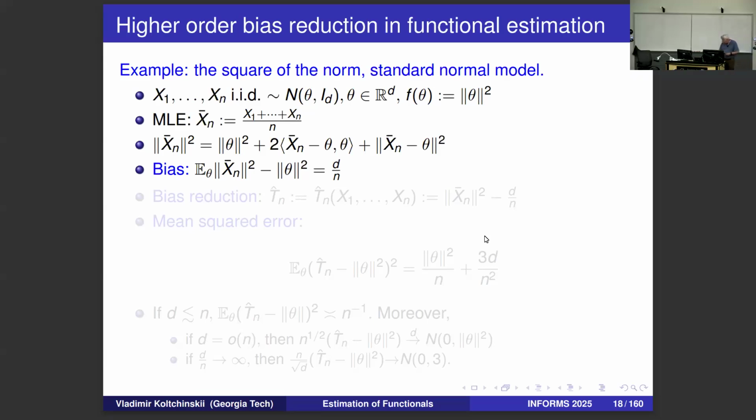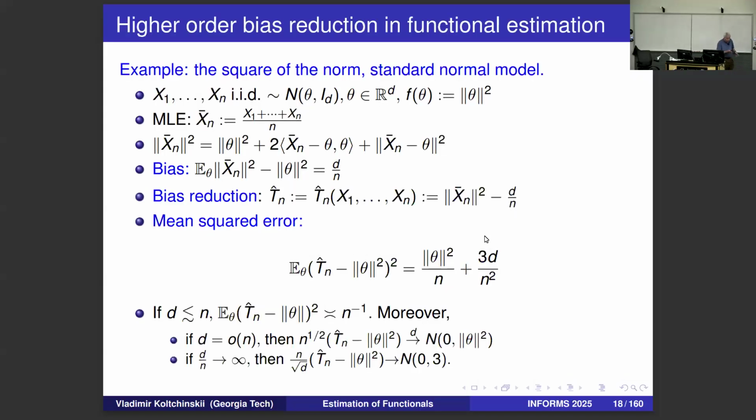In this case, bias reduction is very simple, which is not true at all in general. Why is it very simple here? Because we were able to compute the bias and it happened to be just d over n. It does not even depend on the unknown parameter. So we can just get rid of the bias by considering this estimator, just subtracting d over n here.